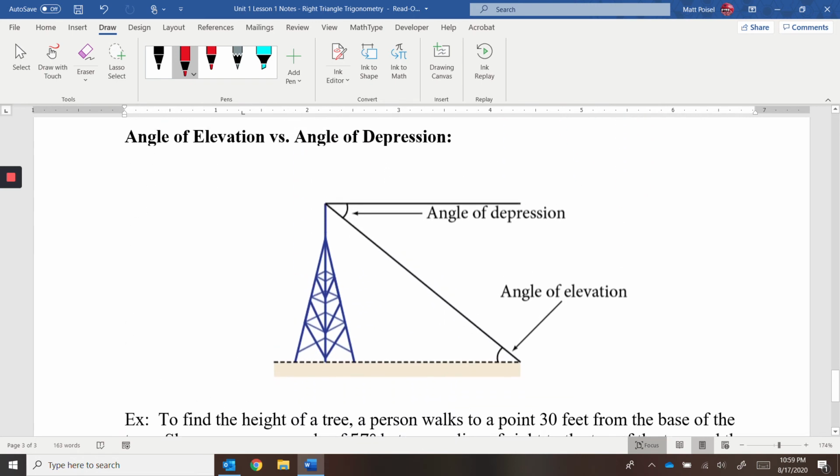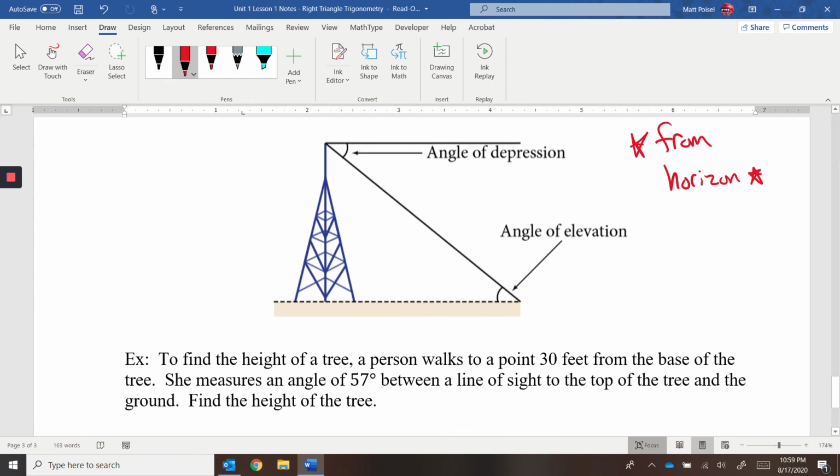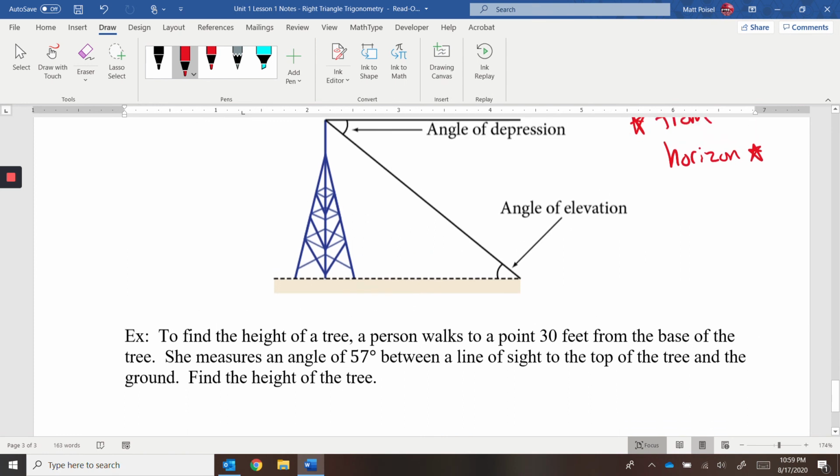The last thing for today is angles of elevation and angles of depression. Now, one thing that you always want to notice or pay attention to, these angles are always from the horizon. IB loves to ask types of questions like this, so you will see an angle of elevation, angle of depression eventually on your papers.